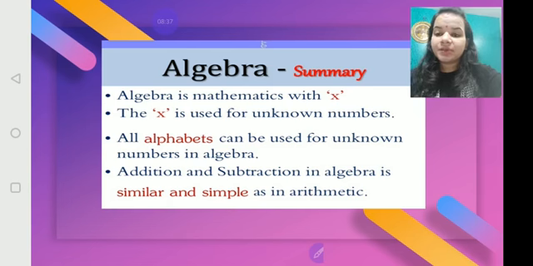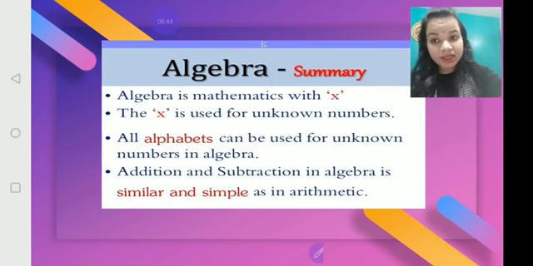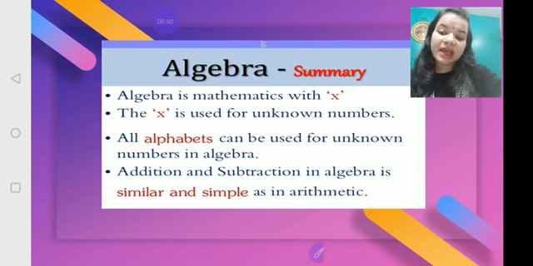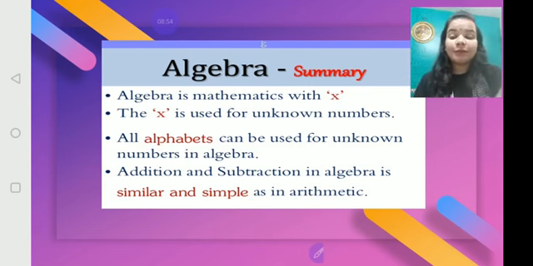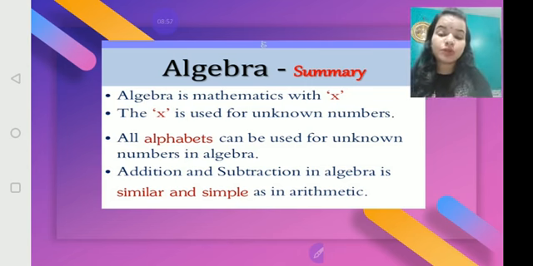Okay, algebra. Now summarizing all the things that we have done till now. Algebra, what is algebra? It is mathematics with x. Why is x used? x is used for unknown numbers. All alphabets can be used for unknown numbers in algebra. Yes, children, as I have told you in chapter 6 also, in place of x you can use any alphabet.